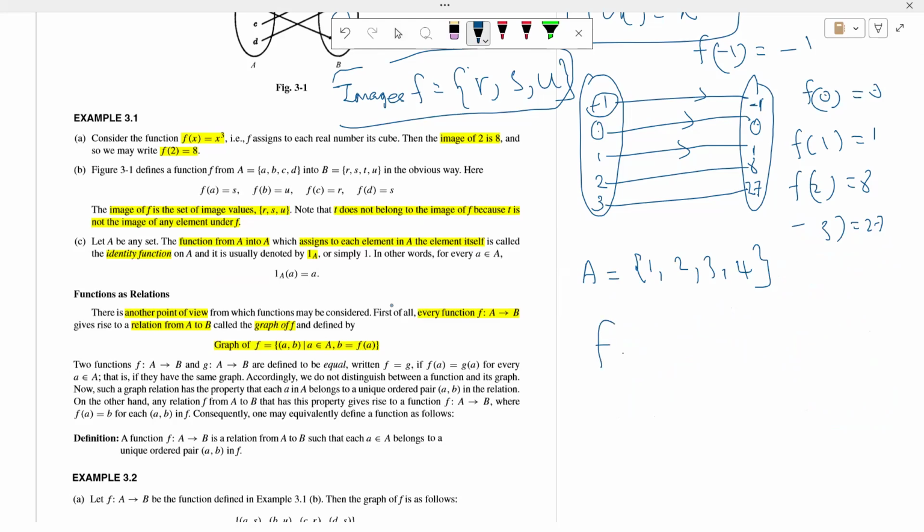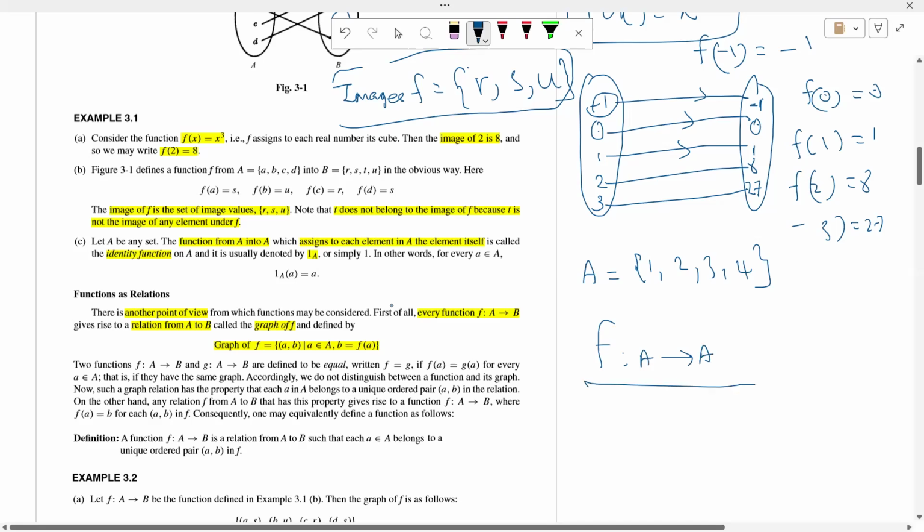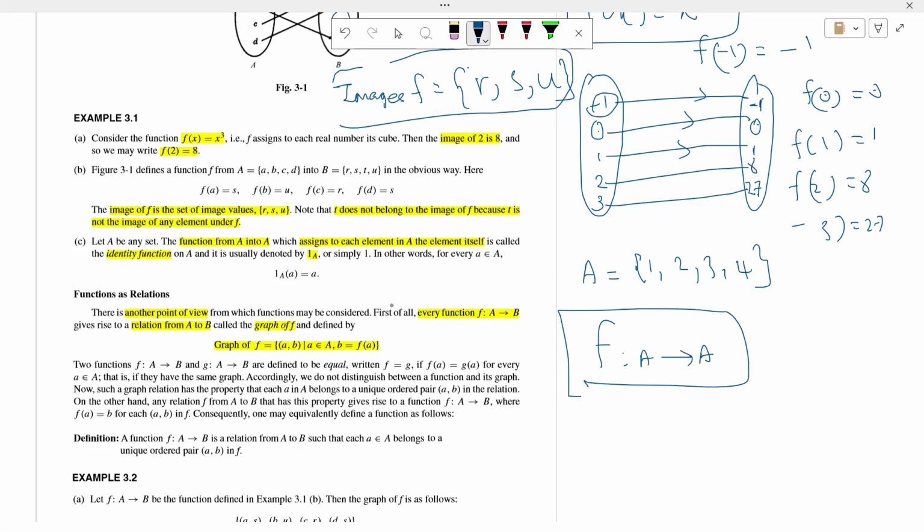If I write a function from A to A, this is called an identity function. It means my domain elements are from A, and my codomain elements are also from A. In the previous case we were writing function f from A to B, where A is a different set and B is a different set. A is the domain, B is the codomain, but A and B are two different sets.